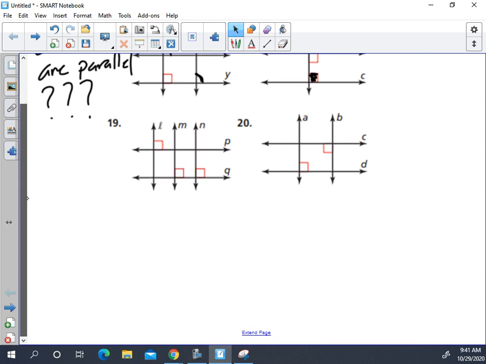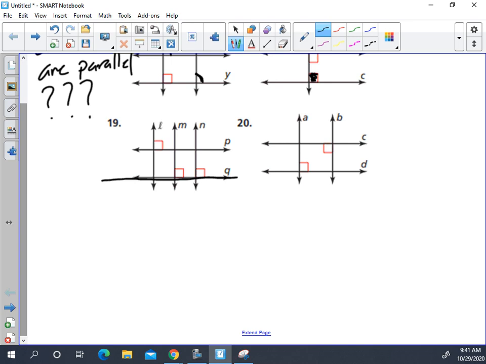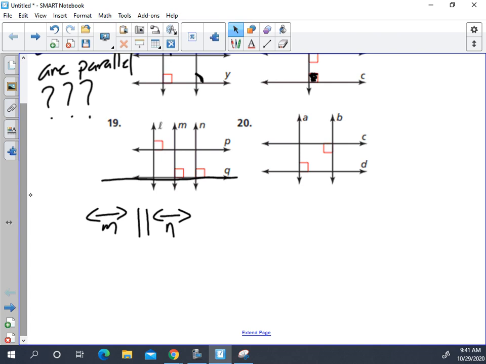How about 19? What's parallel in 19? We have Q here, and M and N are parallel to Q, so line M is parallel to line N. We can't say line L is parallel with lines M and N. Why is that?